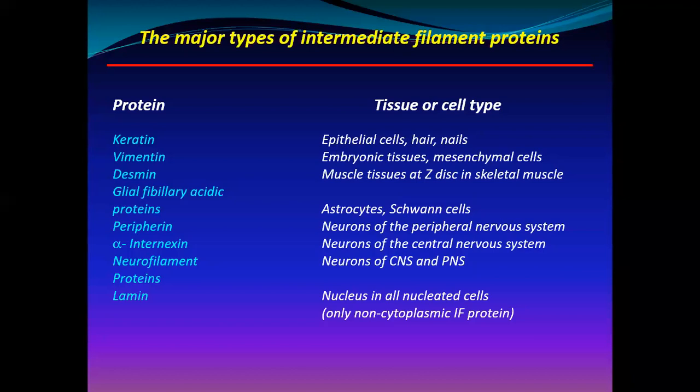In neurons of the peripheral nervous system, the protein is called peripherin. In neurons of the central nervous system, the protein is called internexin. In neurons of the CNS and PNS, neurofilament proteins. In the nucleus of all nucleated cells, lamin. We call it nuclear lamin.